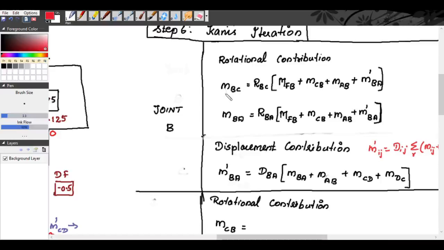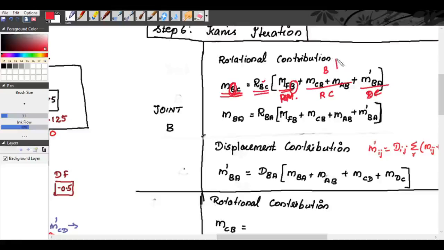I repeat, MBC will be the rotational contribution at joint B. So that will be equal to the rotation factor at joint B for the member BC multiplied by the restrained moment at B, plus rotational contributions plus displacement contribution. This is not fixed end moment, it is restrained moment.